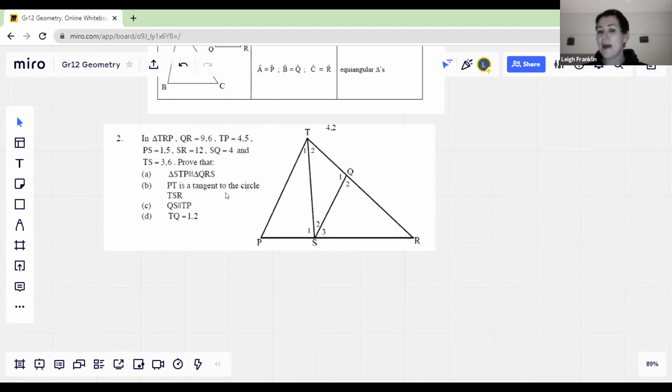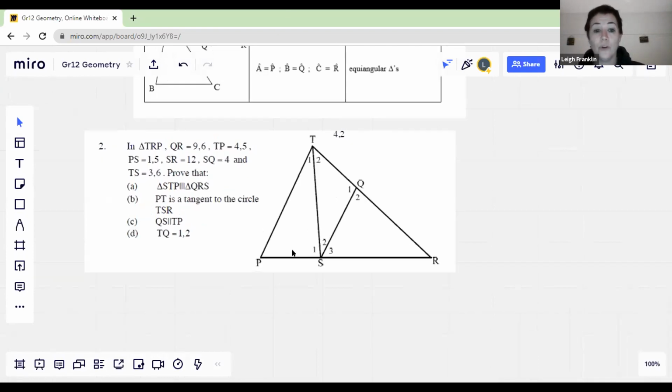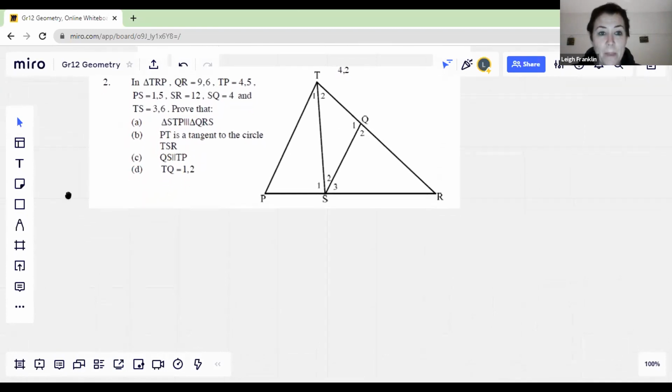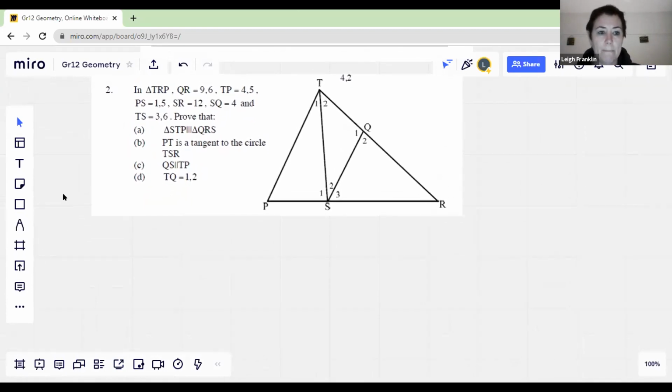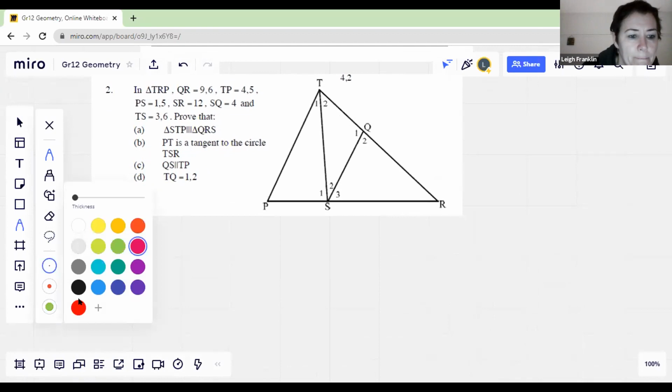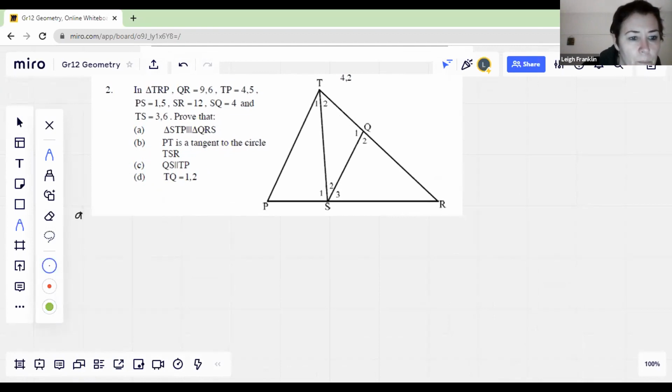Now, without me telling you, I'd like you to tell me what I should write in A. What's my starting point? After I've written triangle STP and triangle QRS, I'm going to look at what they've told us. QR is 9,6, TP is 4,5.